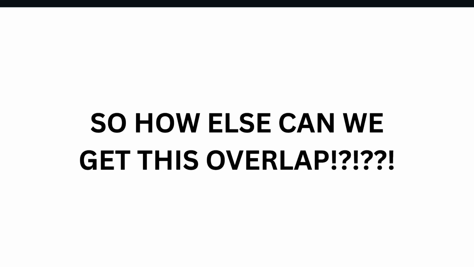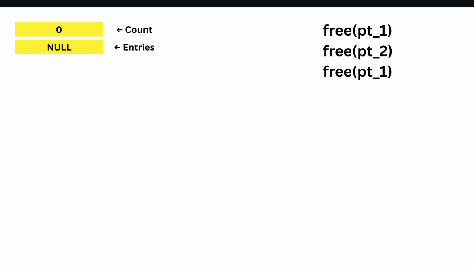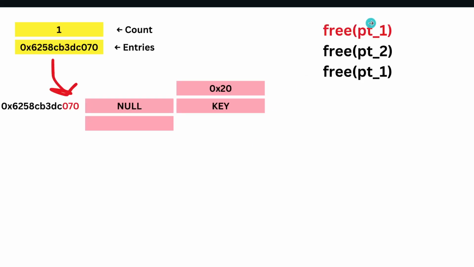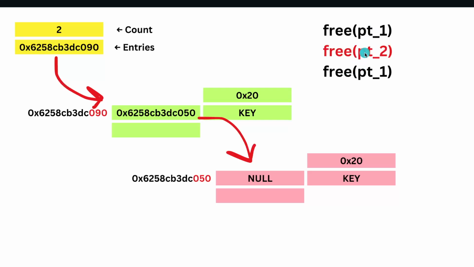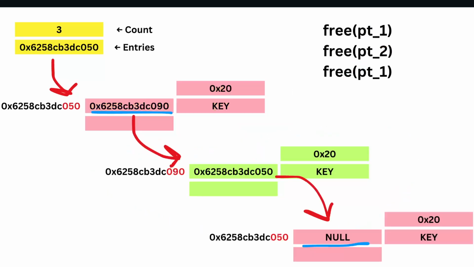So how else can we get this overlap? Well, what about a double free? If I free pointer 1, and I free pointer 2, I free pointer 1 again, well, now I've got this address in my array twice. And of course, this is going to loop back here because as this value changes, this value changes. It's the same memory.